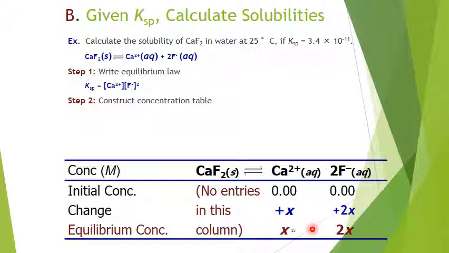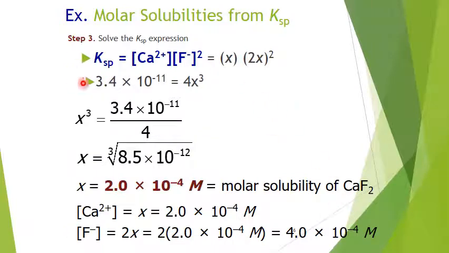So the equilibrium expression has two effects. The subscript actually shows up in two places: as the exponent here, and also as the 2 down here. All right, and then we just go ahead and solve it.